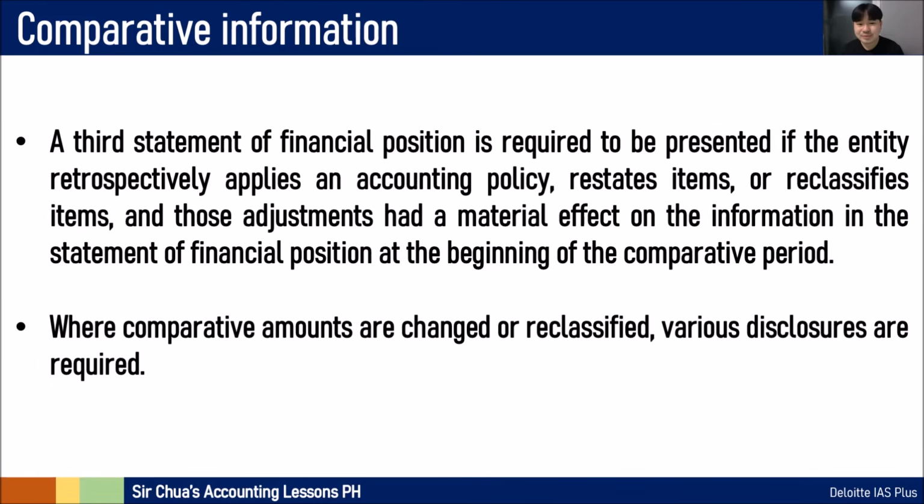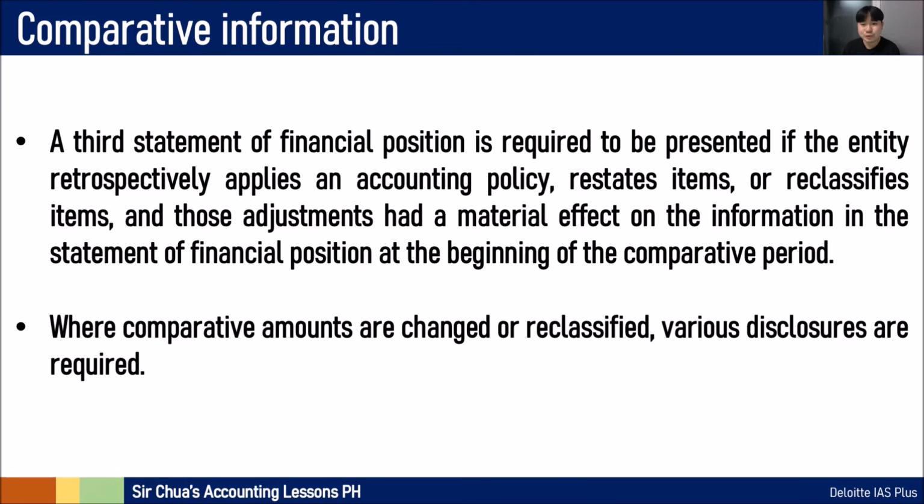A third statement of financial position, that's what I have told you earlier, is required when there is a retrospective application of an accounting policy. It restates items or reclassifies items, and those adjustments have a material effect on the information of the statement of financial position at the beginning of the comparative period.